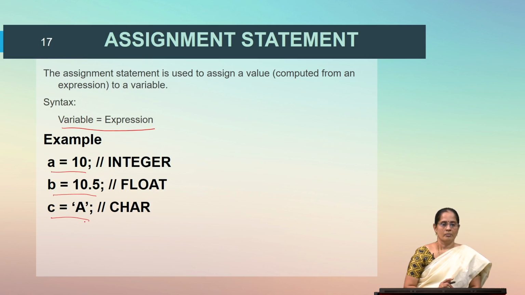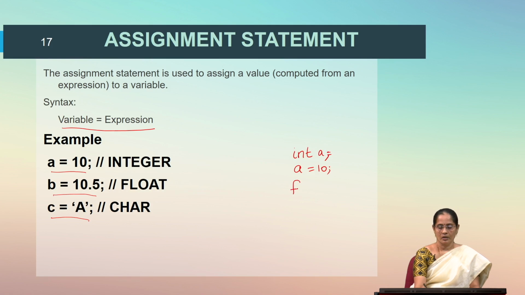But here one thing we have to remember is that before giving this assignment statement, I should have defined the variables of the corresponding data type. Say for instance, before using the assignment statement A equal to 10, I should have defined the variable A of integer type.